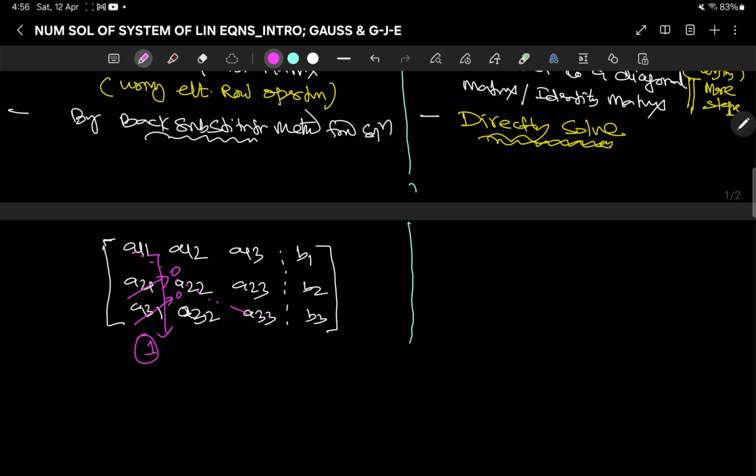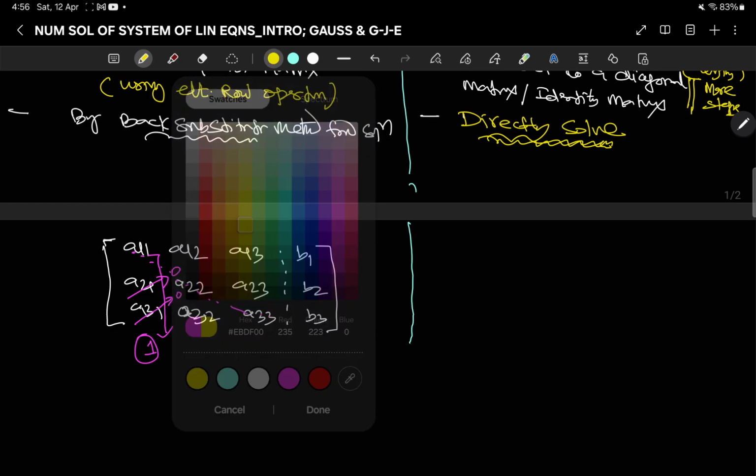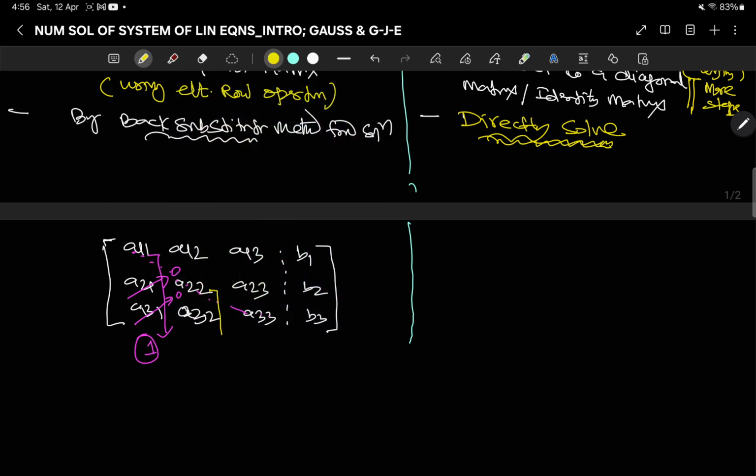And in step 2, you use this to bring this position to 0. It is your step 2. Now this system is reduced to A11, A12, A13, B1 here, and it becomes 0 here, and there will be a certain change here, A22 dash, A23 dash and B2 dash.